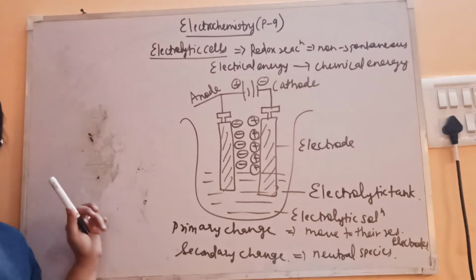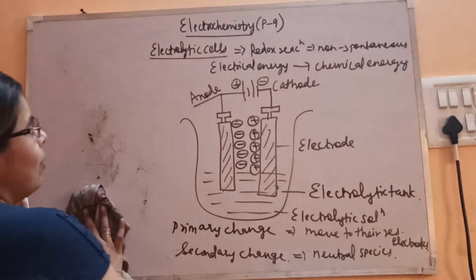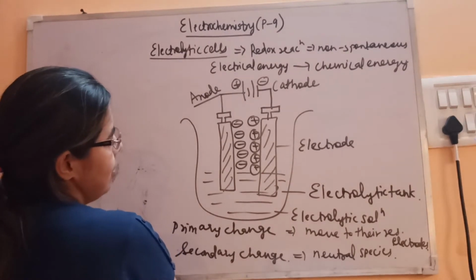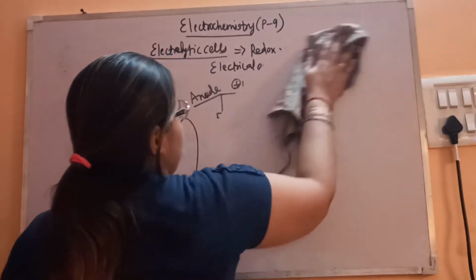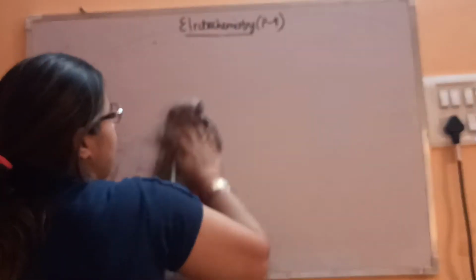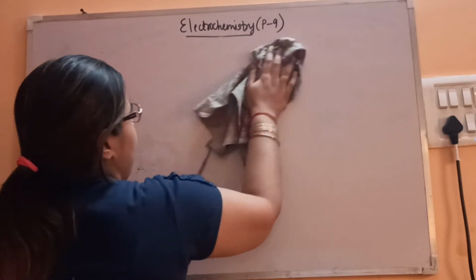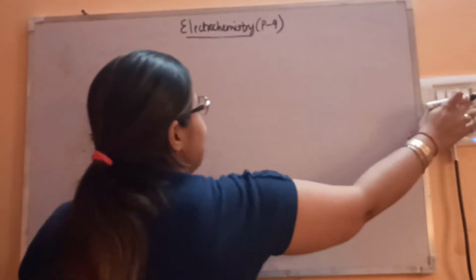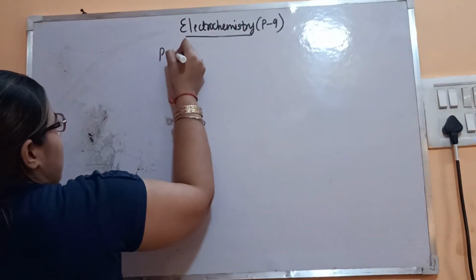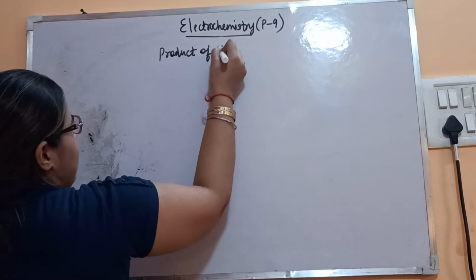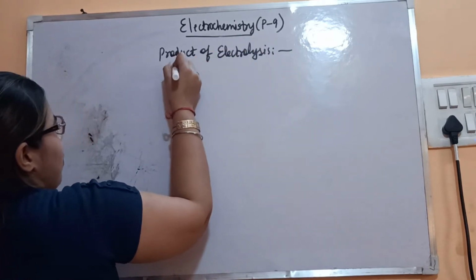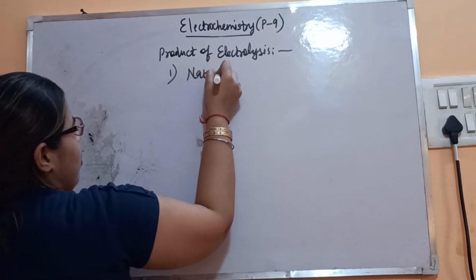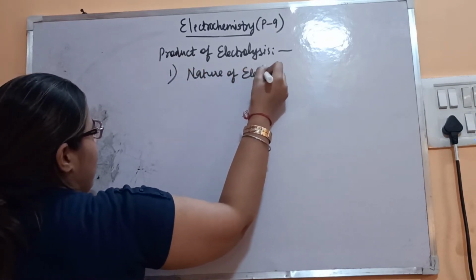The product of electrolysis depends upon the following factors. First is the nature of the electrolyte.